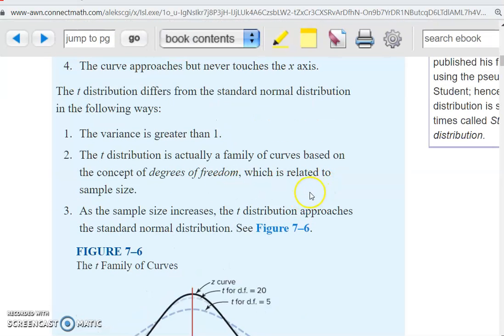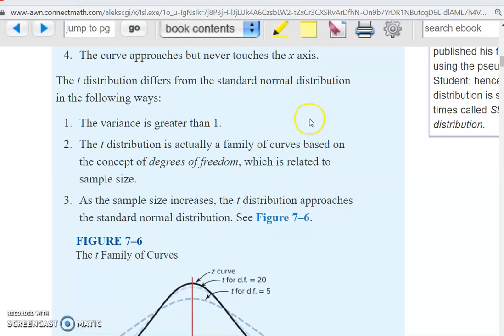I would say the most important concept is that the t distribution is a family of curves. It's a whole family of curves, and the family is based on the degrees of freedom. Now, we have not defined that term yet. We'll see that in just a moment. But the t distribution is based on the degrees of freedom, and that's related to the sample size.